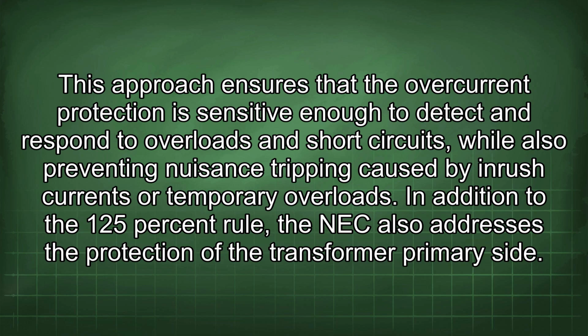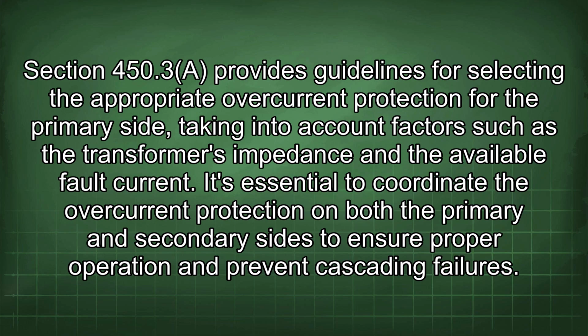In addition to the 125% rule, the NEC also addresses the protection of the transformer primary side. Section 450.3 provides guidelines for selecting the appropriate overcurrent protection for the primary side, taking into account factors such as the transformer's impedance and the available fault current.